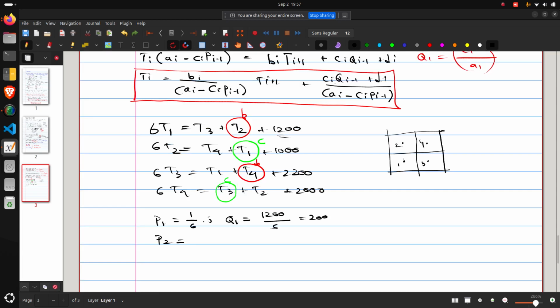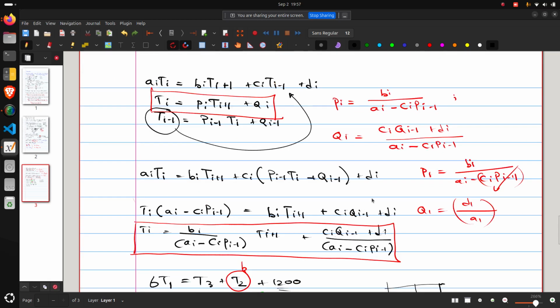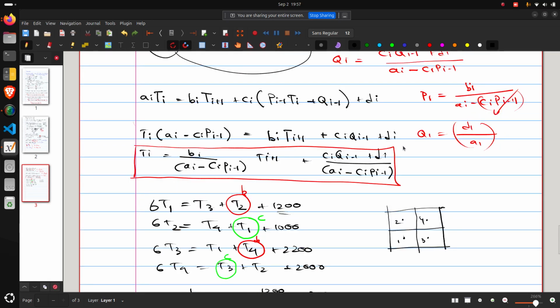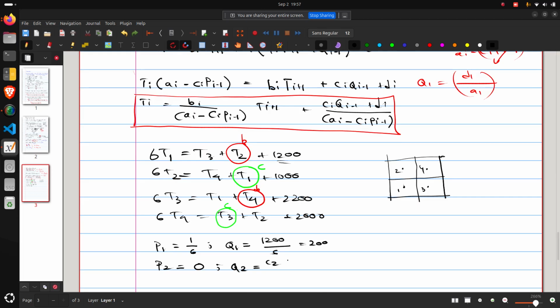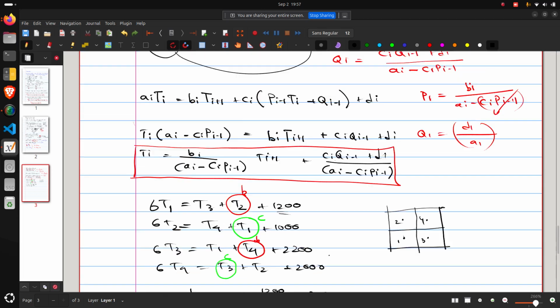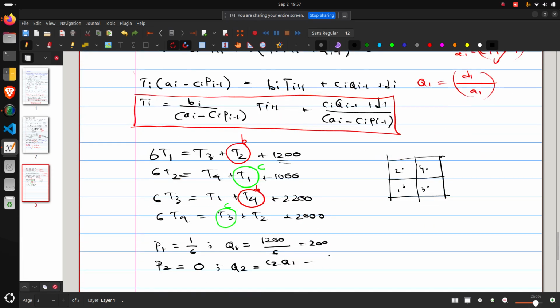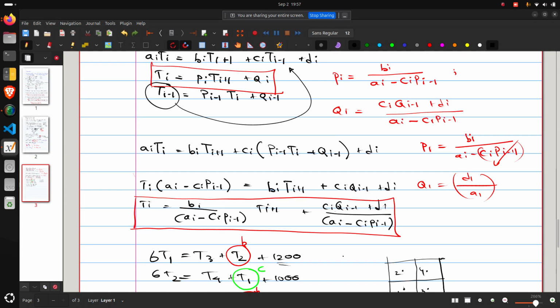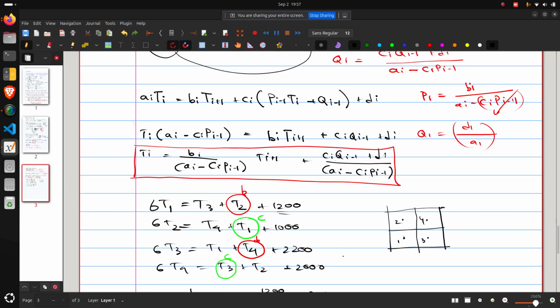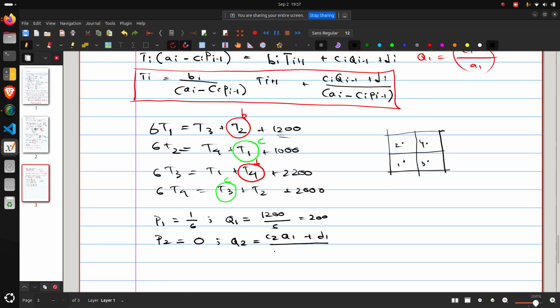So B2 is not there, right? So there is no B in 2. So this is 0, and Q2 will be (C2Q1 + D2) by (A2 - C2P1).